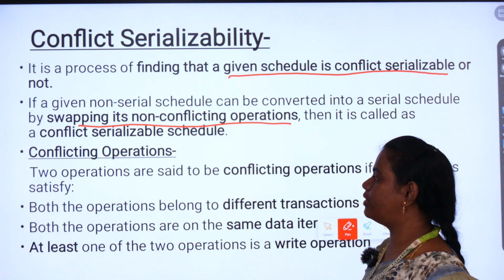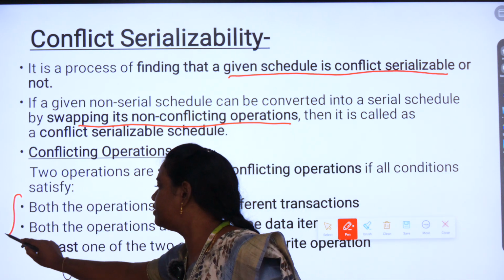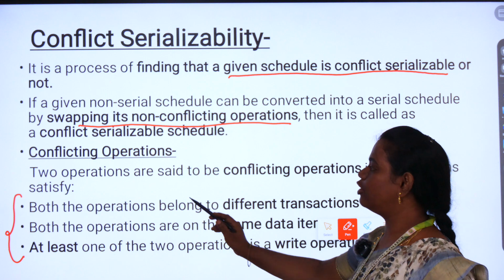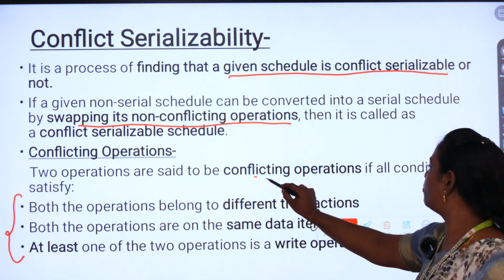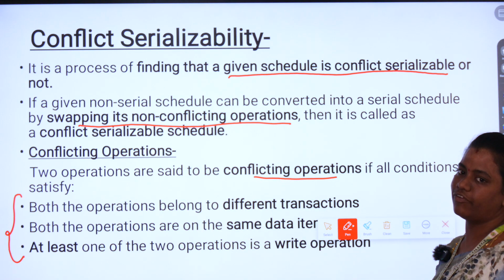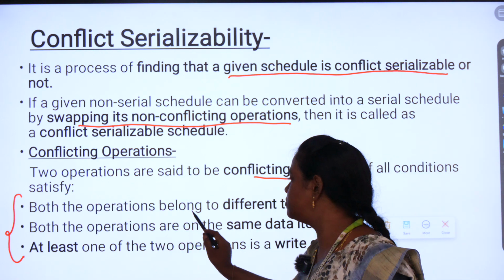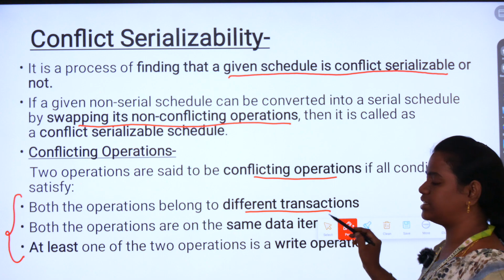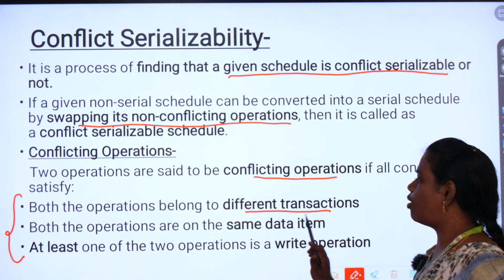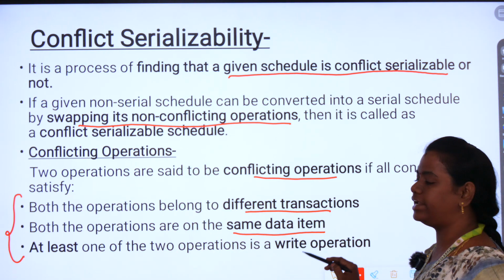A conflicting operation should follow these three conditions. Two operations are said to be conflicting if they satisfy all three conditions. First, both operations belong to different transactions. Second, both operations are on the same data item.